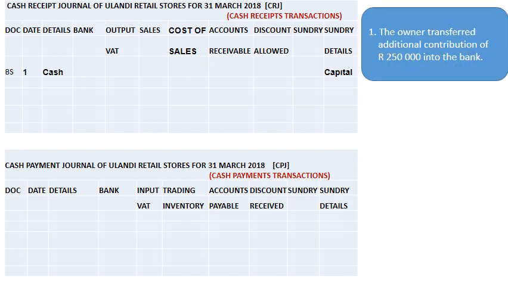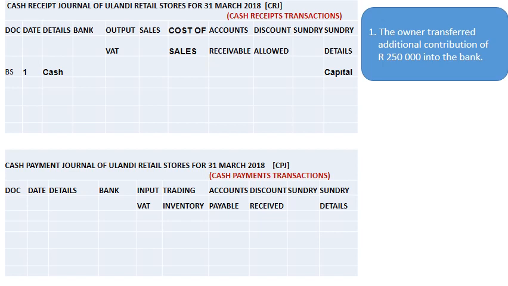The first transaction that involved cash was where the owner transferred additional contribution into the bank account of the business. This transaction, because it's a cash into the bank account, it will be recorded in the cash receipt journal as follows. The source document will be a bank statement.